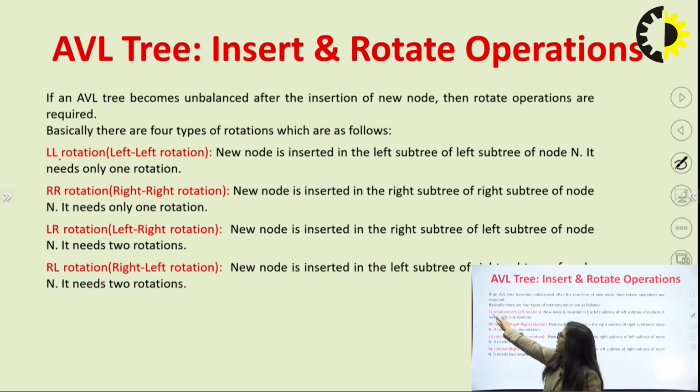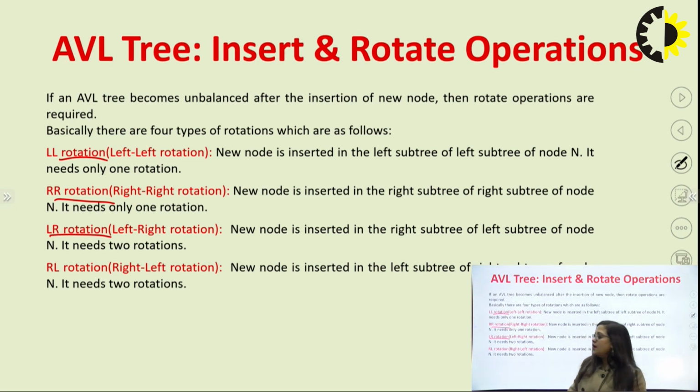So the first one is LL rotation, second is RR rotation, third is LR rotation, and fourth is RL rotation. LL means left rotation, and RR means right rotation. LR means left to right rotation, and RL means right to left rotation.